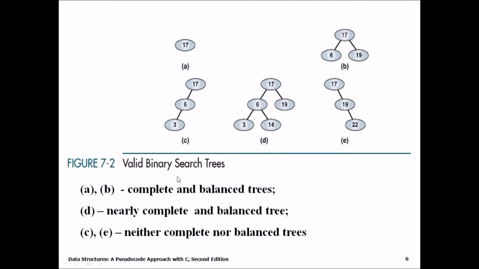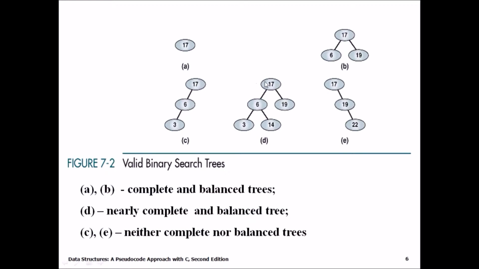What are the valid binary search trees? A and B. This is A and this is B. A and B are complete and balanced trees. Look, 6 is less than 17, 19 is greater than 17, and here we have only one node. So they are both complete and balanced trees. If we talk about C, D, this is a nearly complete tree and balanced tree.